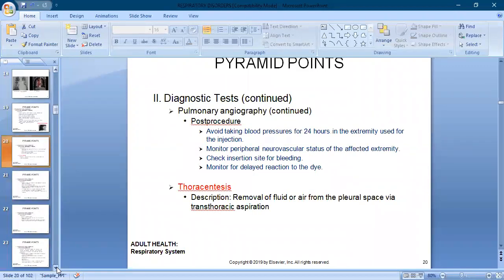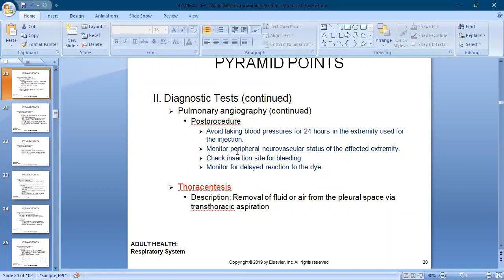So now go for post procedure. What should we do? Avoid taking blood pressure for 24 hours in the extremity used for the injection. So if we used the femoral artery or cubital artery for the dye, we will not take the blood pressure for the next 24 hours.